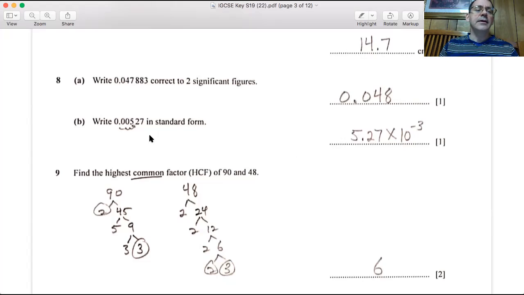Letter B, write 0.00527 in standard form, meaning scientific notation. As mentioned in a previous video, you can set your calculator into scientific notation mode, or you can just do it manually. Since there's only one number here and we're not calculating anything, we'll just go ahead and do it manually this time.